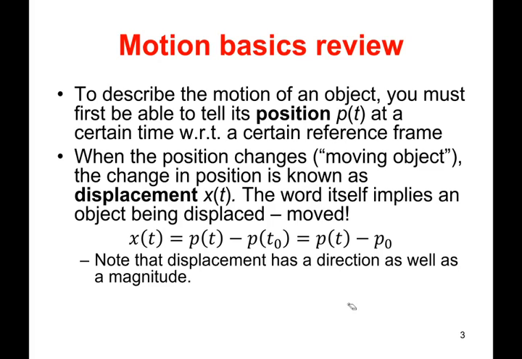Okay, note that the displacement has a direction as well as the magnitude, and the SI unit for displacement is meter, of course. So based on this first step, the most basic step, defining of the displacement, let's define the velocity and acceleration.